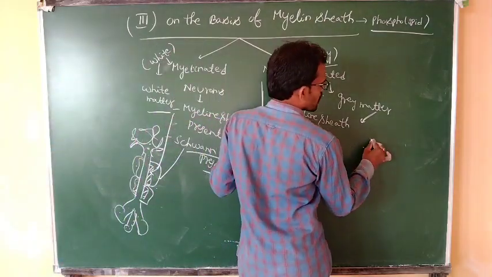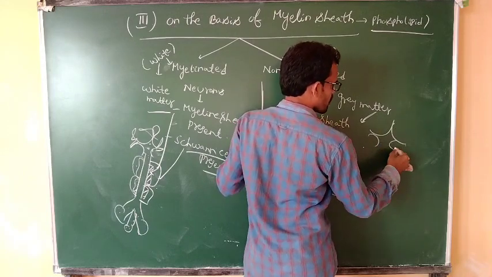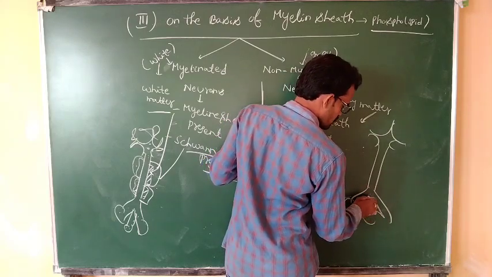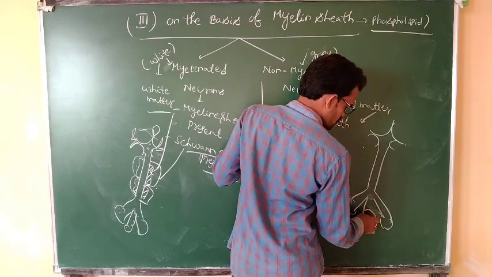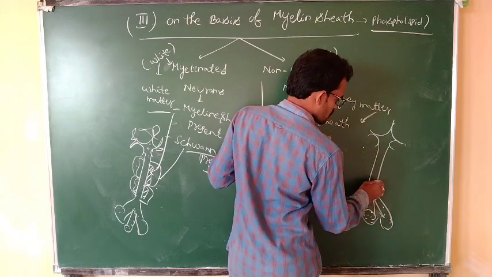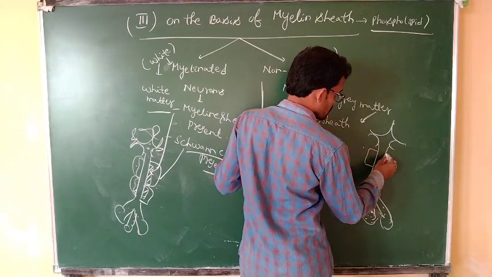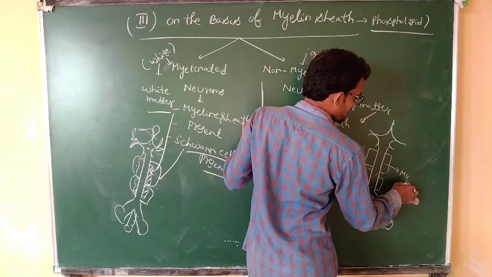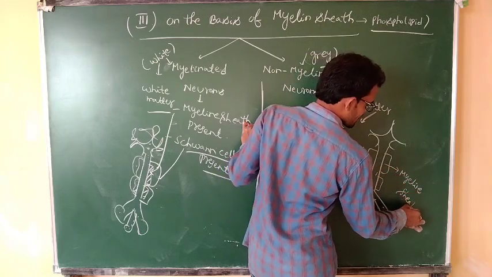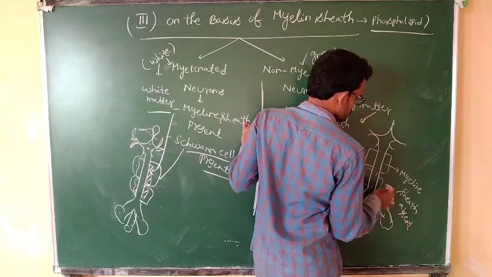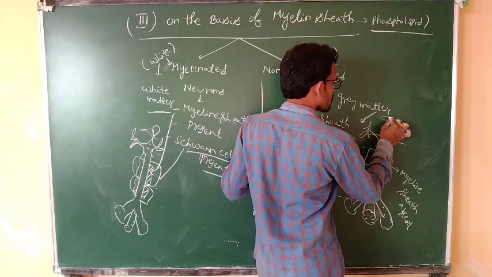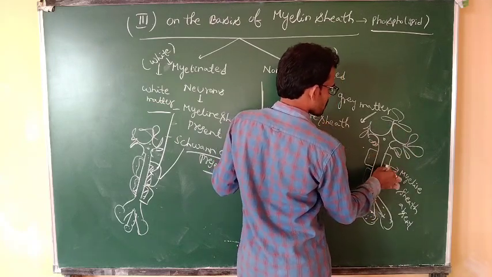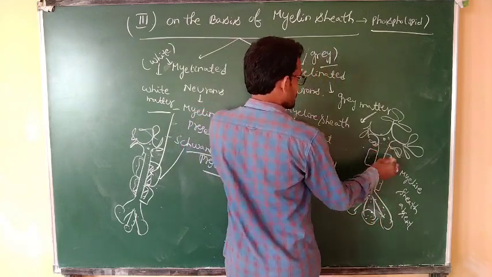But here, in this type of neurons, the myelin sheath is absent, though Schwann cells are present.